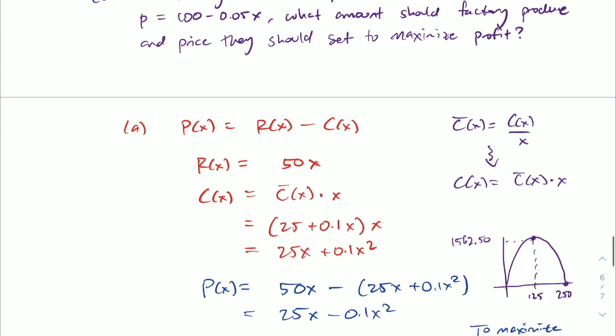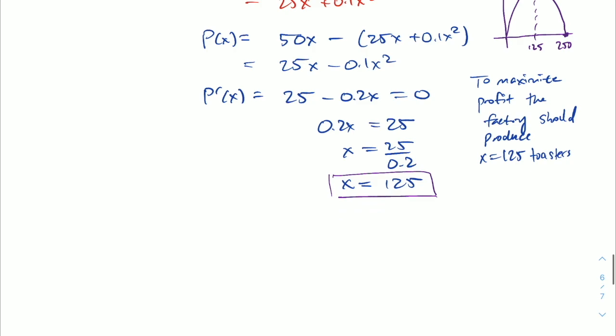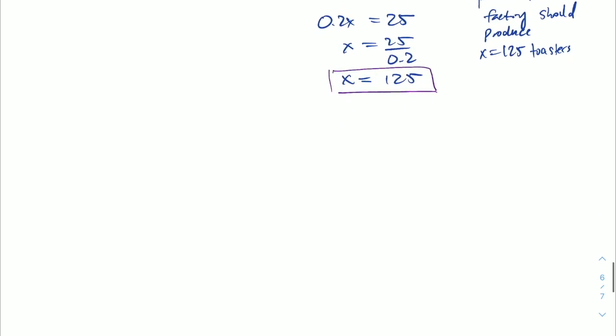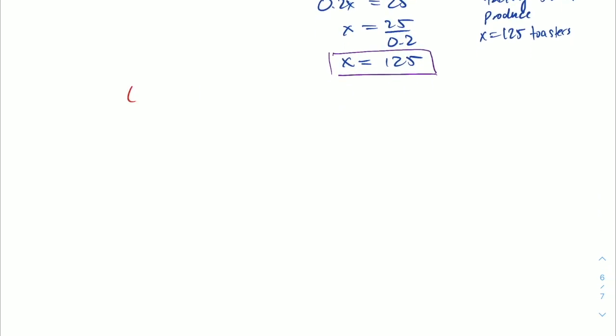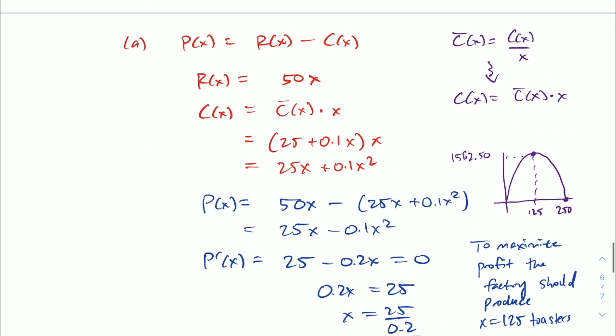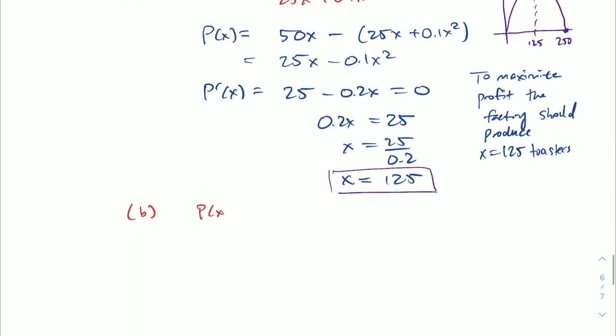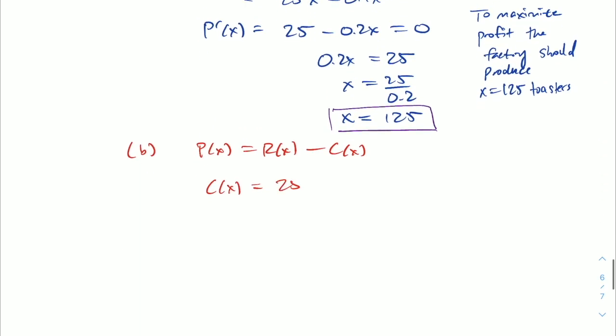Now let's revisit this question with the monopoly situation. So in the monopoly situation, profit's still going to be revenue minus cost. The cost is still going to be this cost that we derived earlier, which is 25x plus 0.1x squared. The revenue, however, is going to be not 50x.